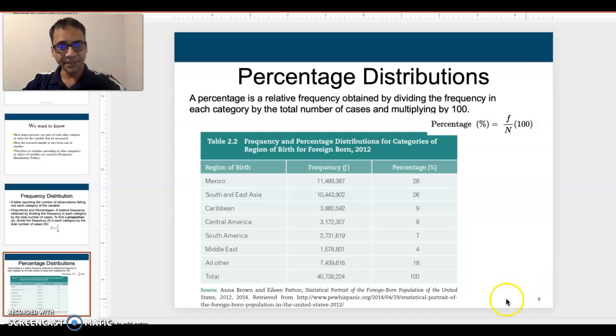This percent is out of the total of 40 million, 738,224. Out of this total number, what particular percent is from each country of birth? These are listed here, and the total percent is 100.